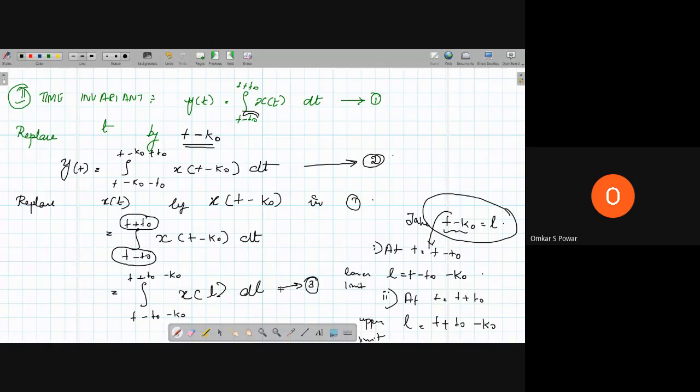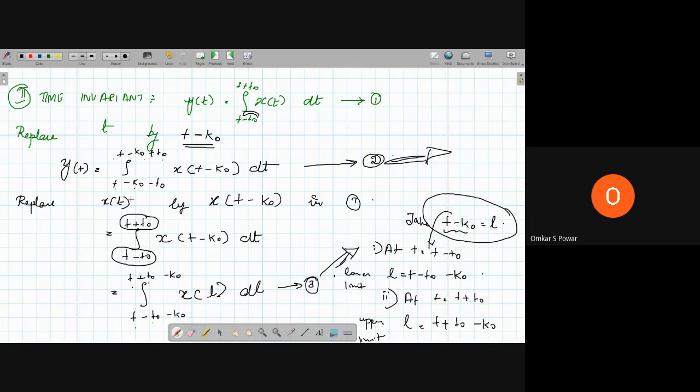So for the system to be time invariant, 2 and 3 must be equal. So let us compare 2 and 3. This is our equation number 2 and this is our equation number 3. The upper limits you see, t minus k naught plus t naught, t minus k naught plus t naught. The lower limits you see, t minus k naught minus t naught, t minus k naught minus t naught.